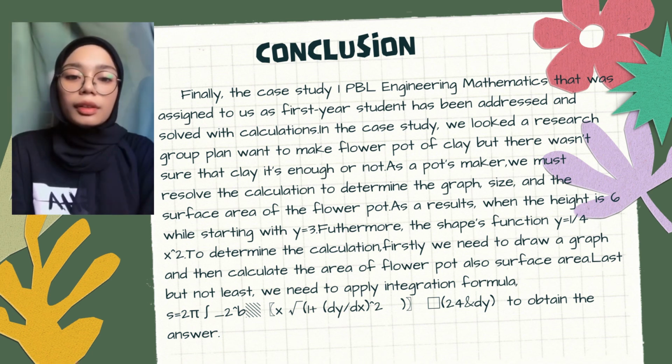The height starts from y equal to 3, and the shape function is y equal to 1/4 x squared. Firstly, we need to draw a graph and then calculate the area of the flower pot, also the surface area. Last but not least, we need to apply the integration formula to obtain the answer.